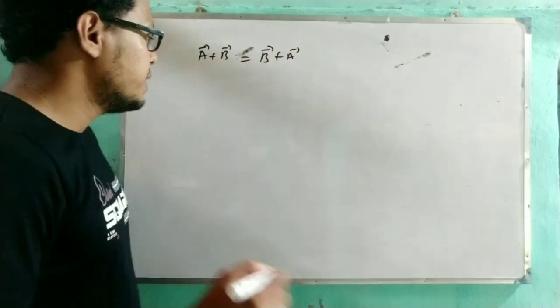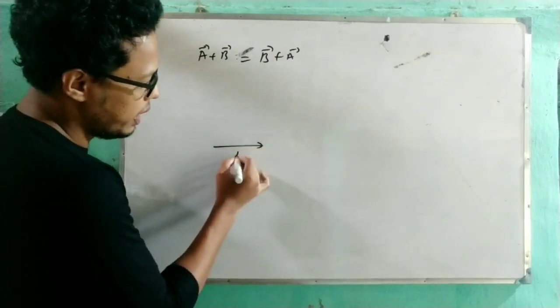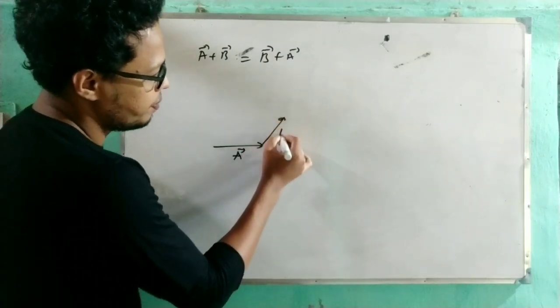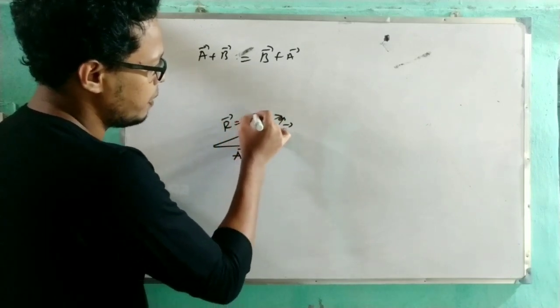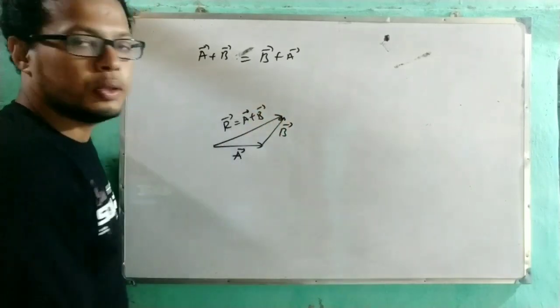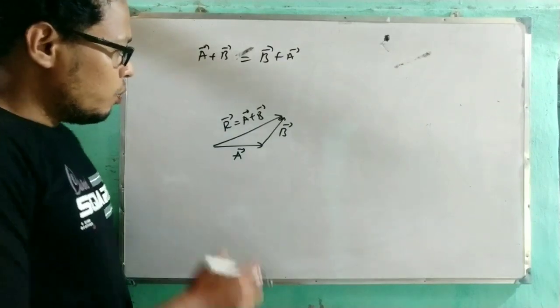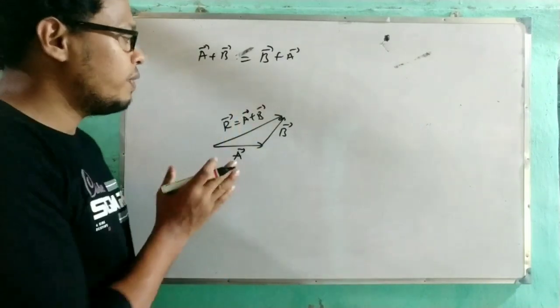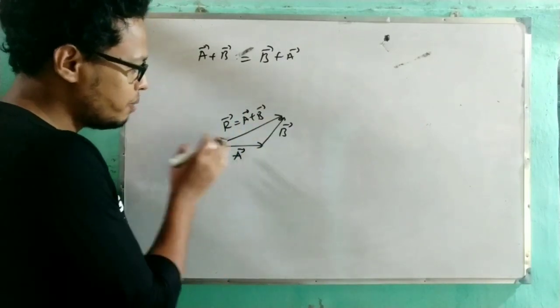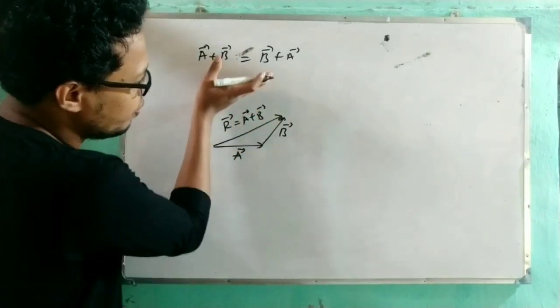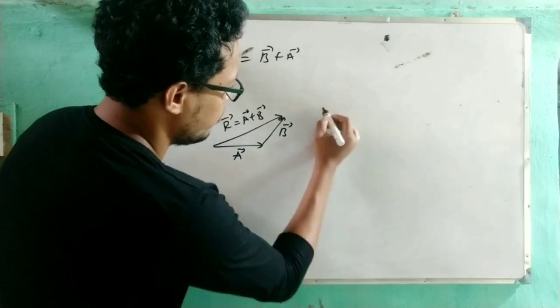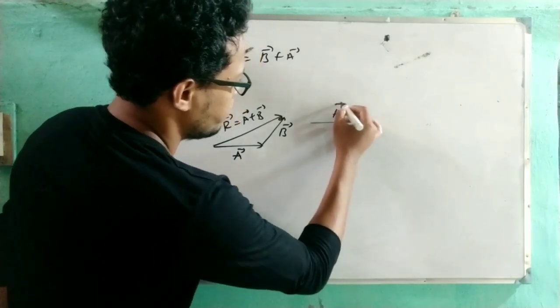How? See, if we take two vectors a and b, the resultant will be R equals a plus b. Now see, as I told, parallel shifting of the vector we can do. So I am shifting the vector parallelly. I am writing this vector a over here, so from here to here, this is vector a.